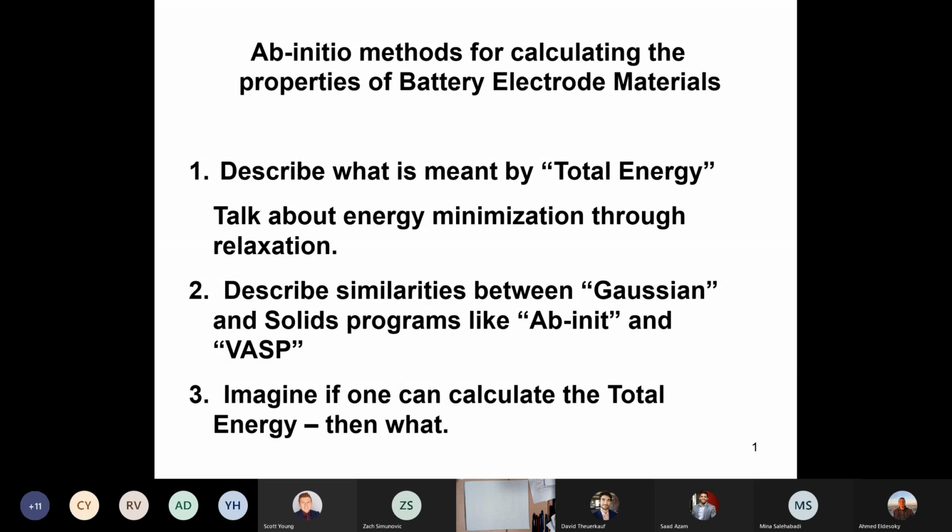So we talked about very simple models for calculating voltage curves of lithium battery electrode materials. We used a very simple picture of the lattice gas model, where basically we say the host is nothing more than a provider of sites for the lithium. And the lithium occupies those sites, and when it fills them, it has a binding energy.